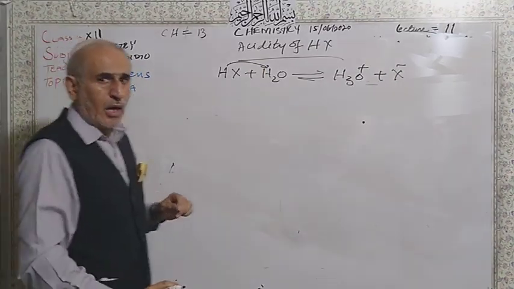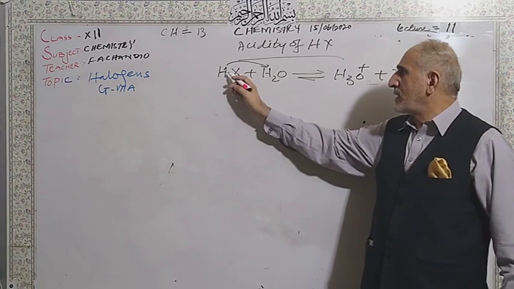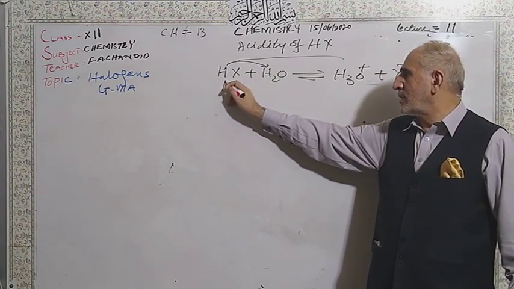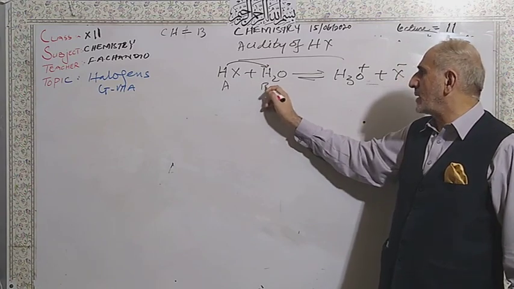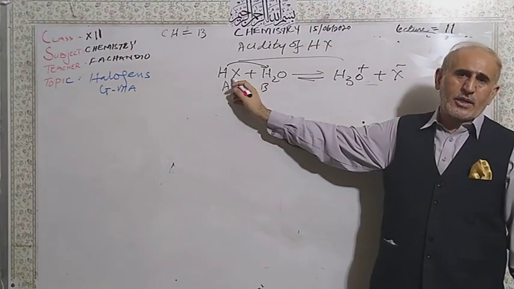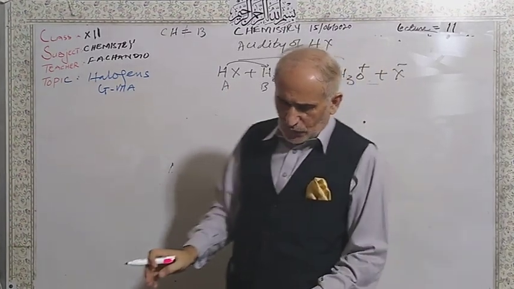According to the Lowry-Bronsted concept for acids and bases, the acid is a donor of protons and the base is an acceptor. So this is an acid and this is a base. The base is an acceptor of proton to make a hydronium ion, and the acid is a donor of proton to make a halide. So this is the general equation for this.